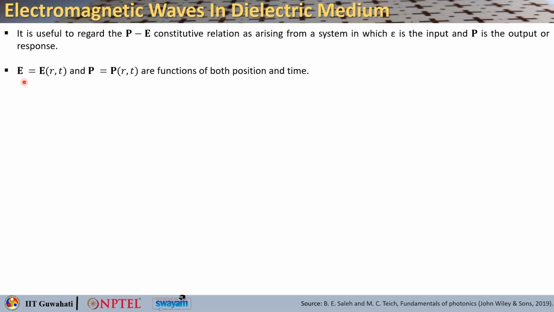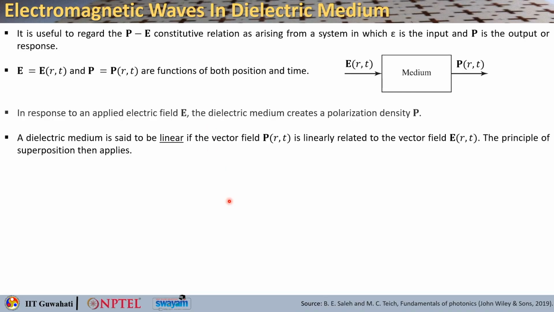E is a function of both position and time, and similarly P also. So, you can think of it like this: there is a medium which has a dielectric permittivity of epsilon. When an electric field falls on that medium, it generates a response or output in the form of P.